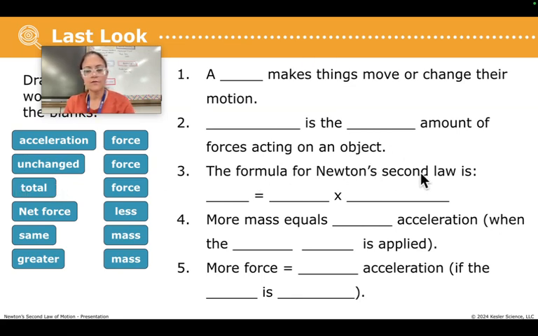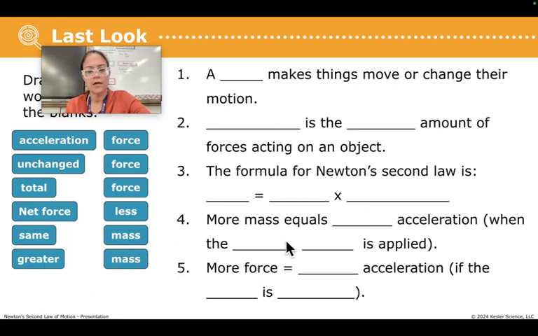The formula for Newton's second law is force equals mass times acceleration. Good. More mass equals more acceleration when the same force is applied. Yep. So more mass equals more acceleration. More is a word, right?